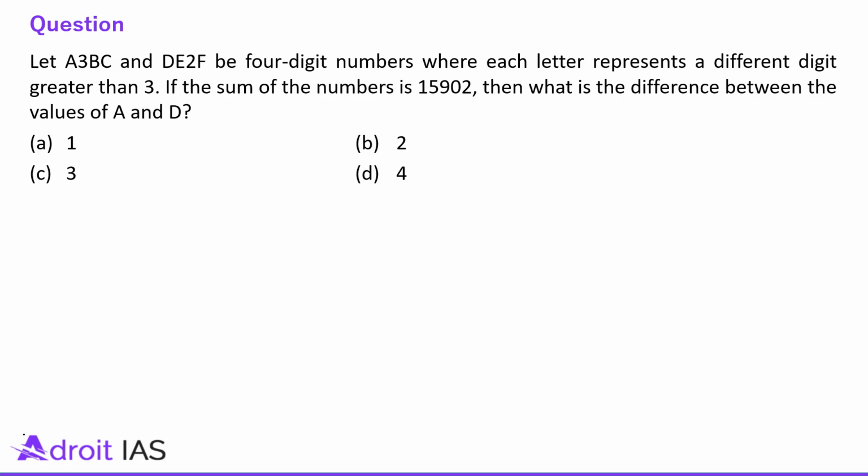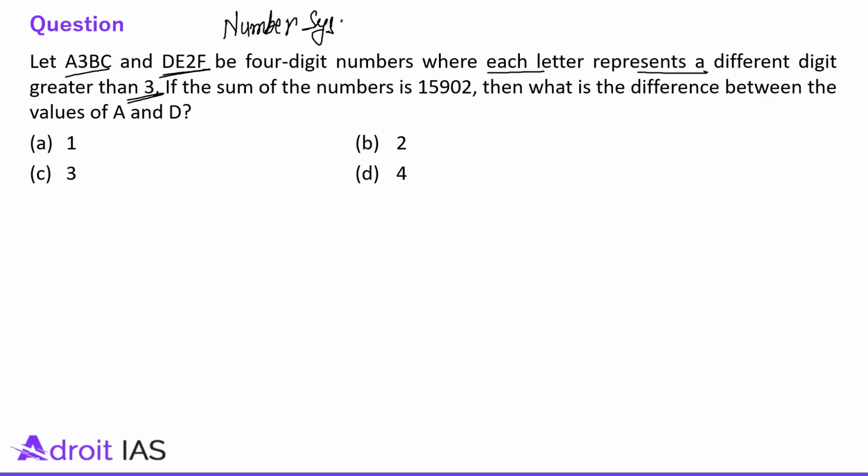The next question: A3BC and DE2F are 4-digit numbers and each letter represents a different digit greater than 3. See everyone, this question belongs to number system, or you can say reasoning also.